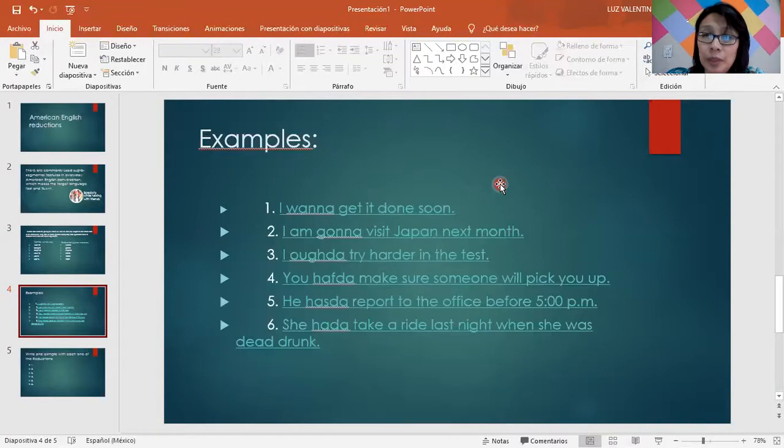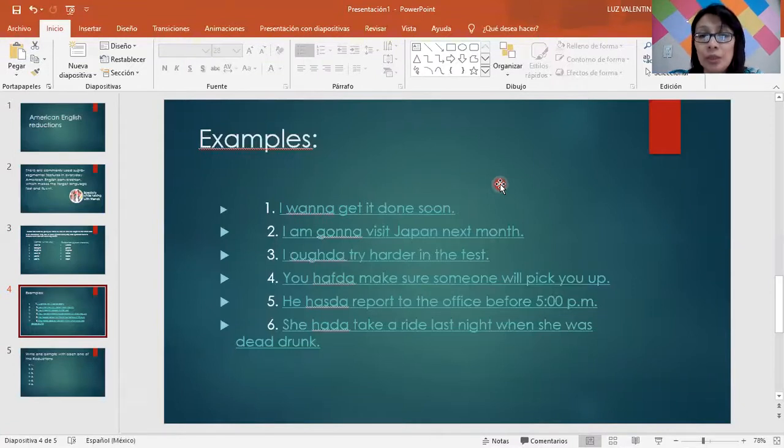The other way could be, I am going to visit Japan next month. Three, I oughta try harder in the test. The other way would be, I ought to try harder in the test. Four, I hafta make sure someone will pick you up, instead of, I have to make sure someone will pick you up.